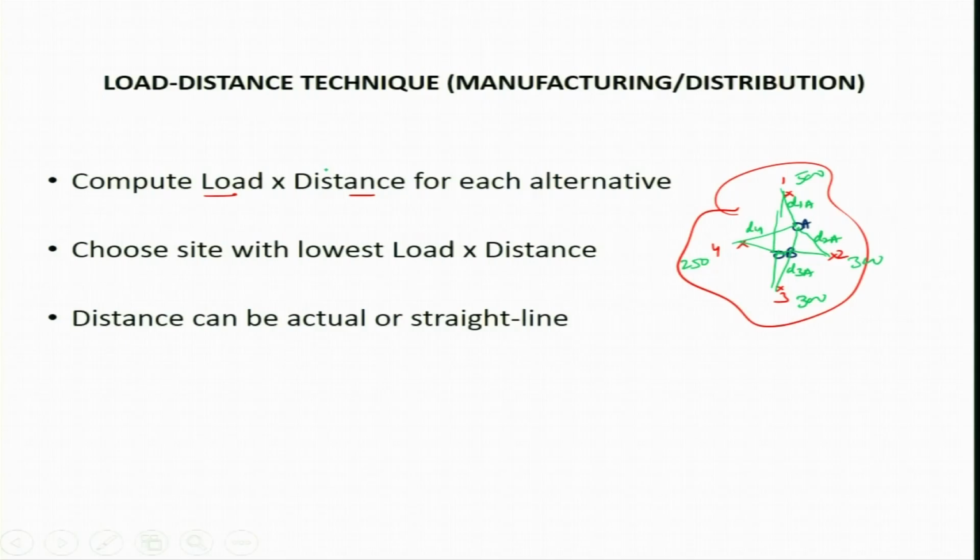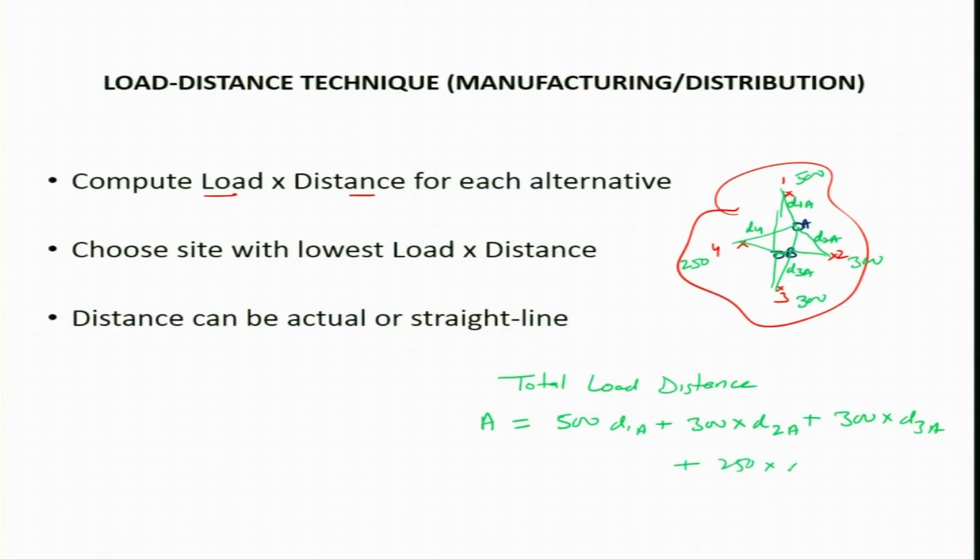Then the total load distance for location A will be 500 into D1A plus 300 into D2A plus 300 into D3A and plus 250 into D4A, like this.